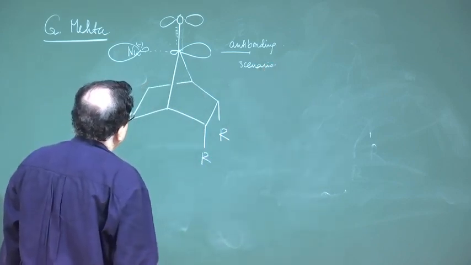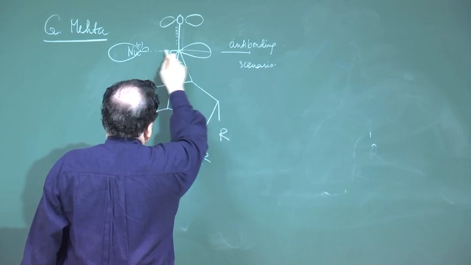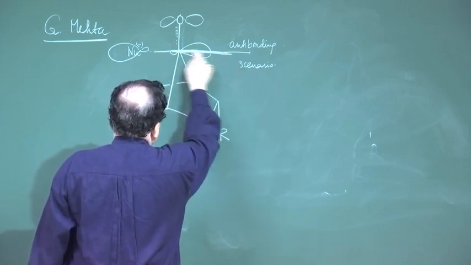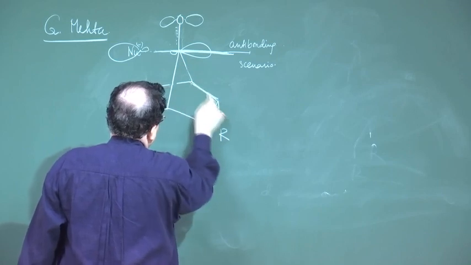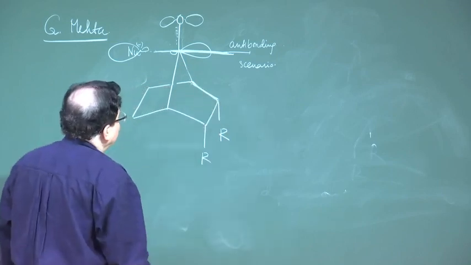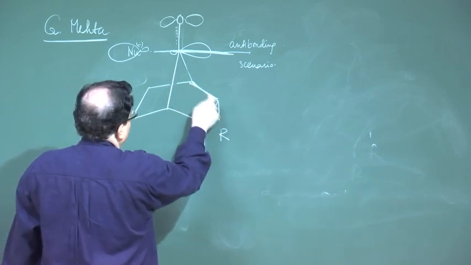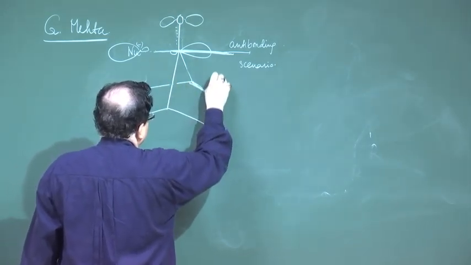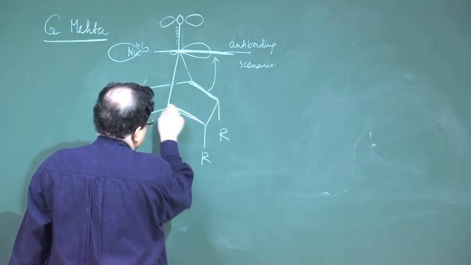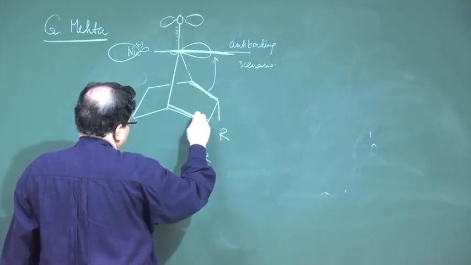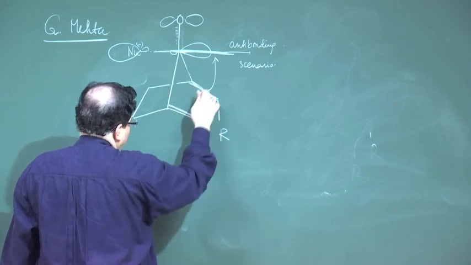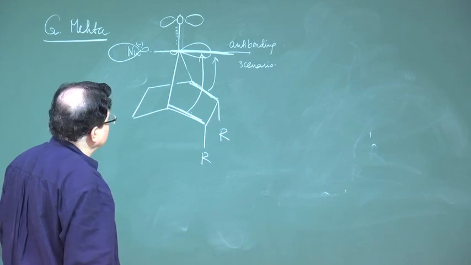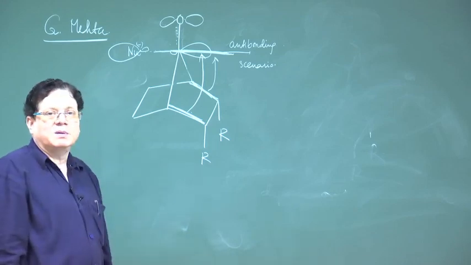Okay. Now, if you look at this geometry, the axis of this orbital is not exactly parallel, but they are also not orthogonal. Their angle is not that much. So, there is a possibility that these bonds, this is actually in the middle between the two bonds, so that those two carbon-carbon bonds now can donate to this orbital.